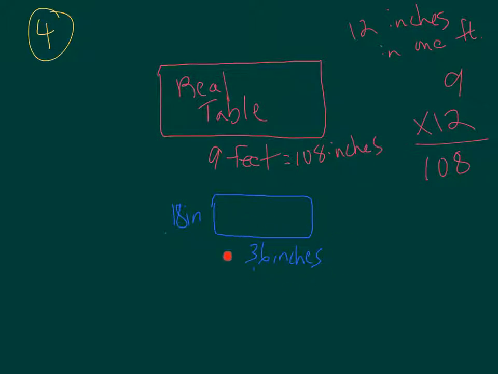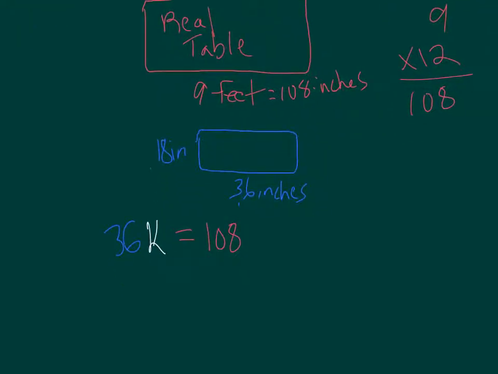What's our scale factor, our K, for converting 36, the small shape, into the large shape, or the large pool table? So we kind of have an equation here. We've got 36 inches here to 108 inches, so what do we multiply 36 by to make 108 and make that real table?